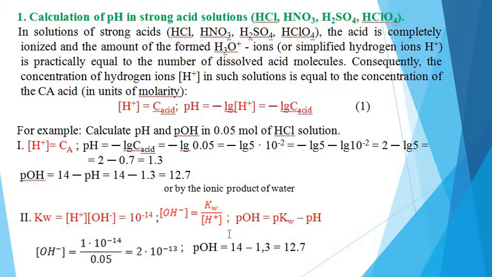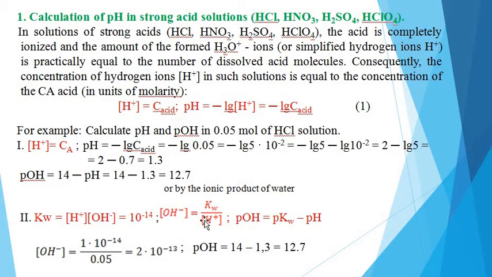We find the concentration of hydroxide ions, which is equal to the ratio of the constant of autoprotolysis to the concentration of hydrogen ions, and we find pOH.